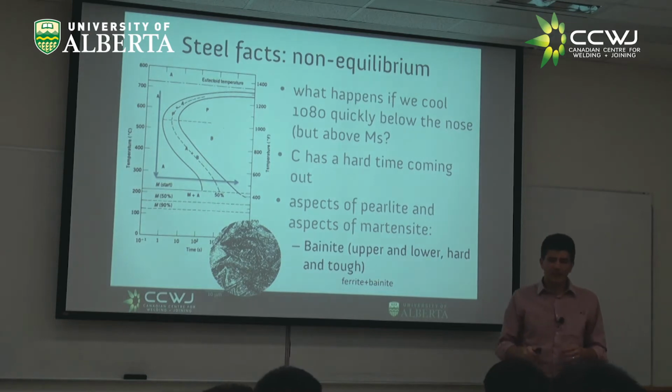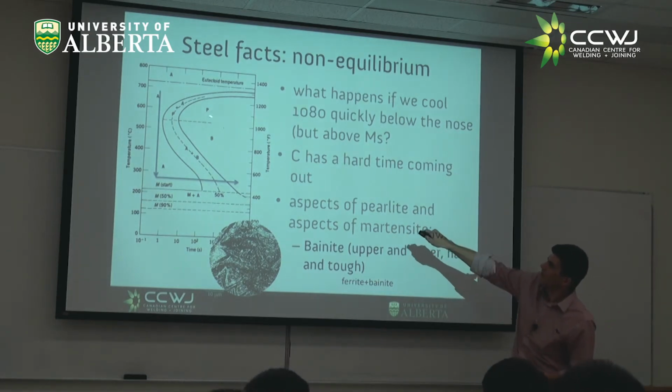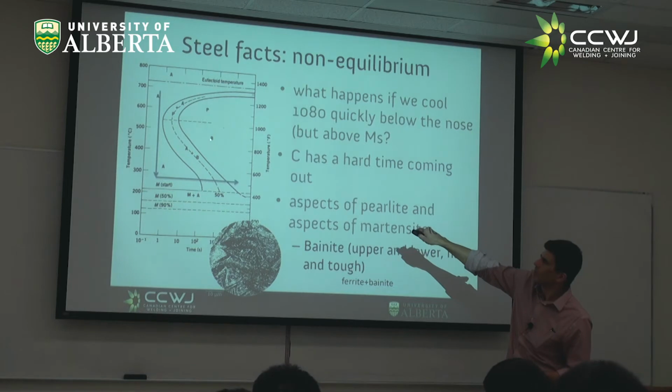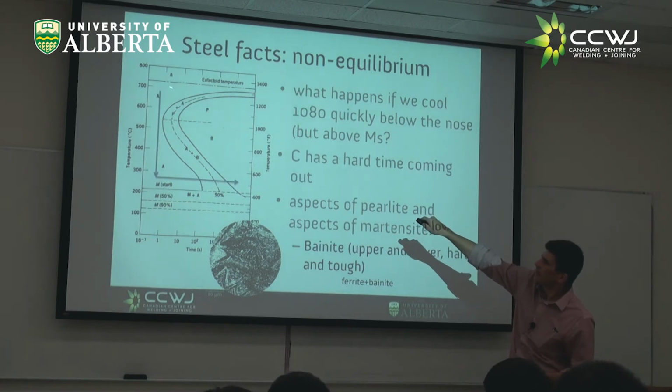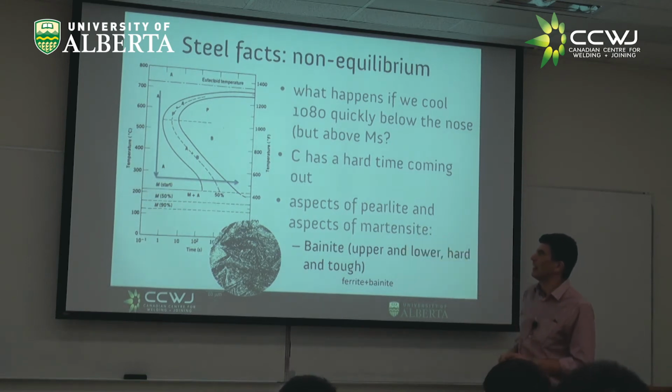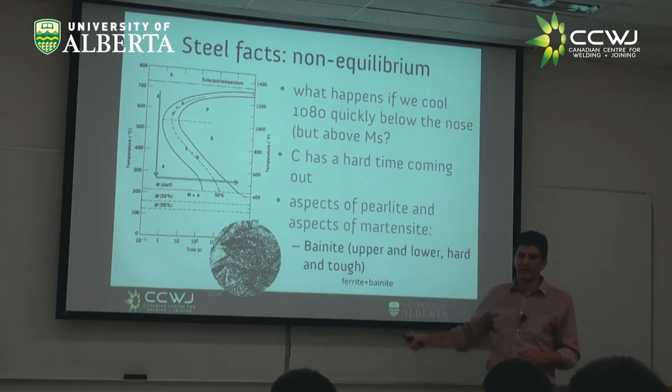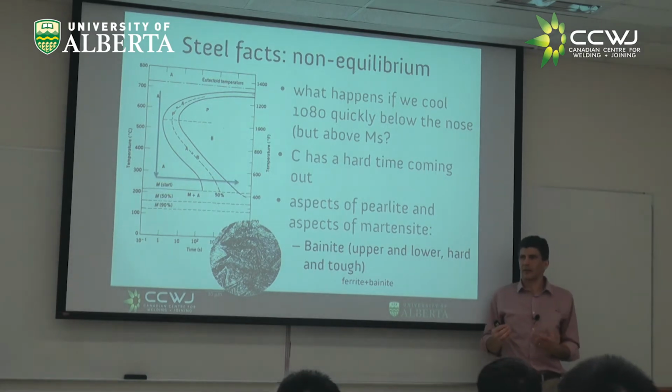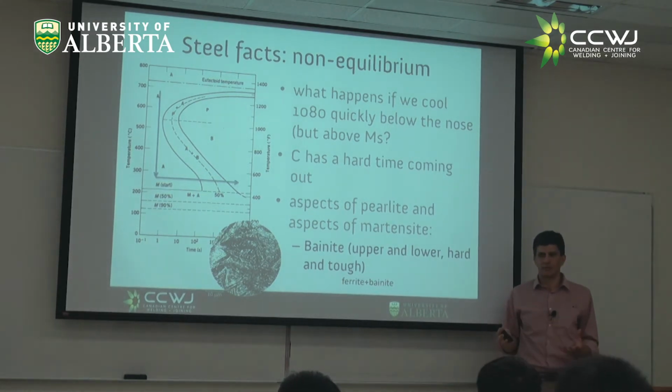Now, the diagrams you're going to see, you see that says P, that's for perlite. B, bainite, right? Here is for austenite. All this is austenite, right? And here it says austenite plus perlite forming, austenite plus bainite. M is for martensite. This bainite here, when we talk about welding, has a lot of different shapes, right?